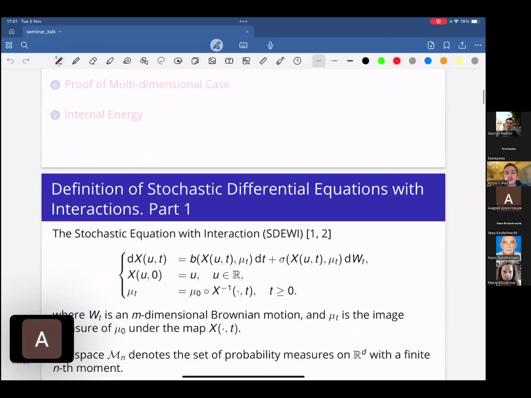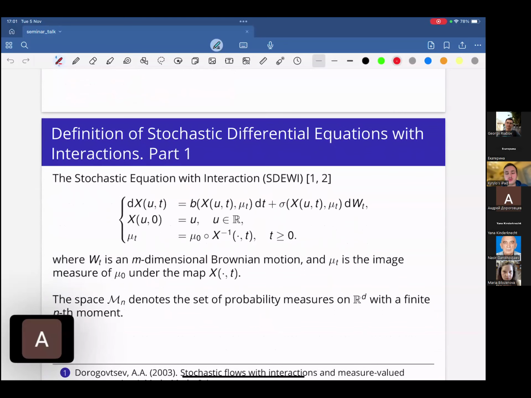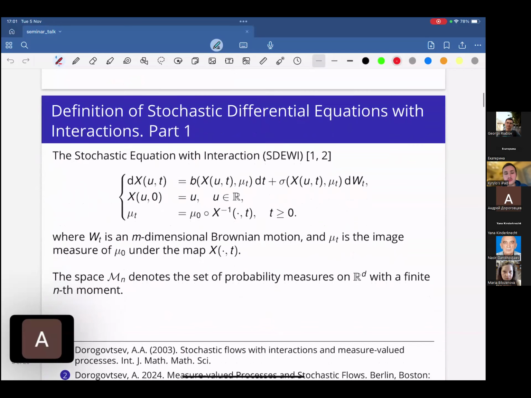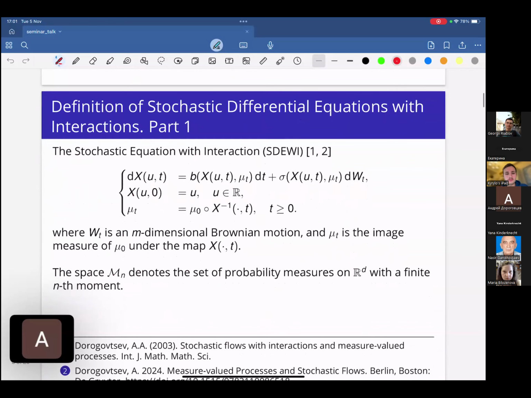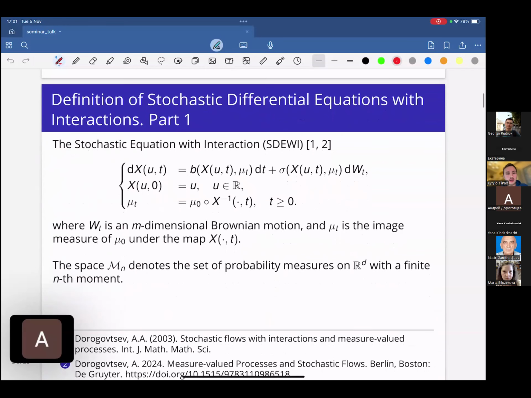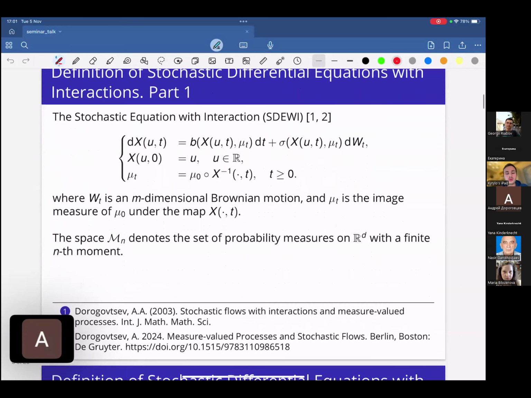Stochastic differential equations with interaction were mentioned several times during this year in this seminar, so I will give a brief introduction to what this actually is and mention some properties of it. Stochastic differential equations with interaction were introduced by Andrei Anatolyevich Dragovtsev in his paper of 2003.